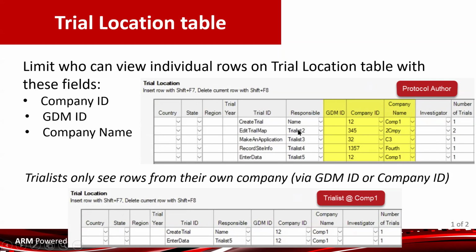They won't see the second company or the third or the fourth. They won't see anything that has been linked to a company that is not theirs. So now that trial list will only see the information that is assigned to them, that matters to them. They won't see anything extra.